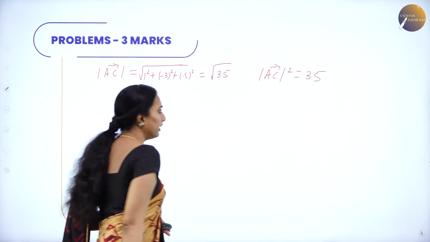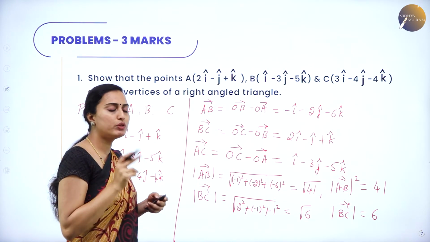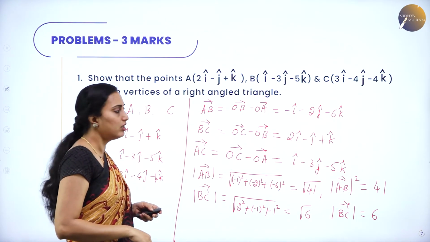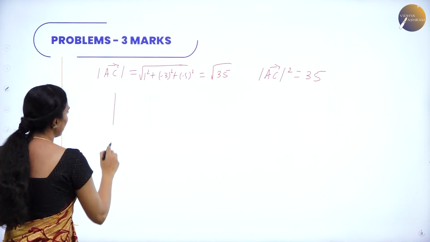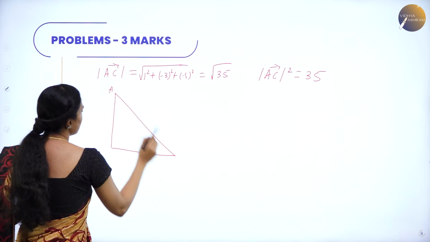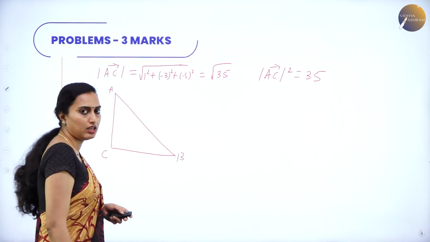So 35 plus 6 is nothing but 41. Which is the hypotenuse squared? The hypotenuse squared is AB. So you can have the triangle like this, and this is AB. Understood?